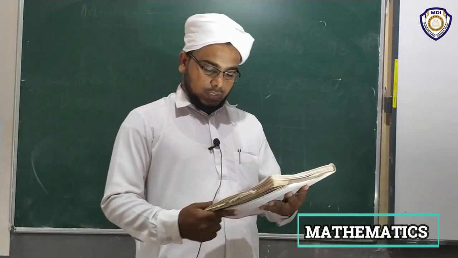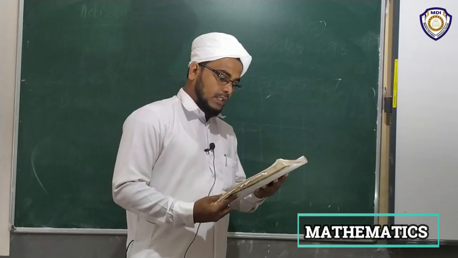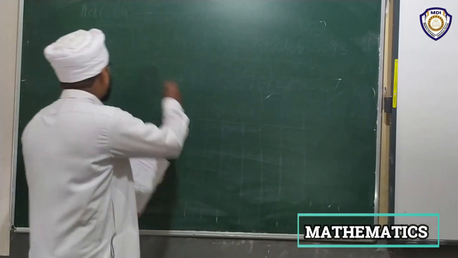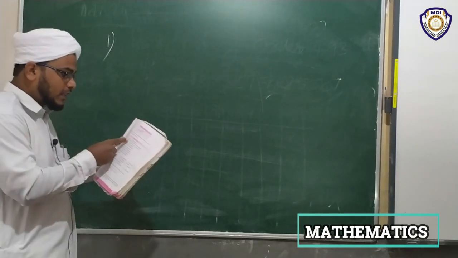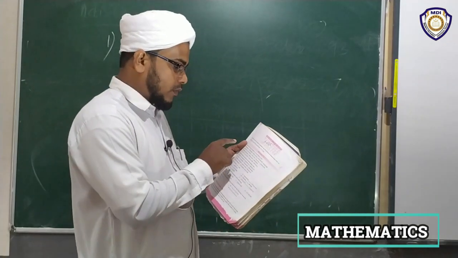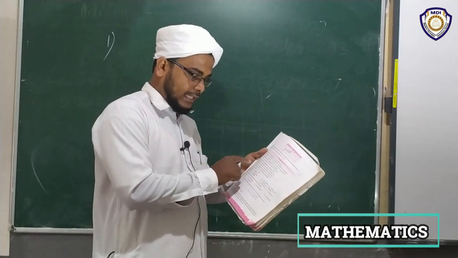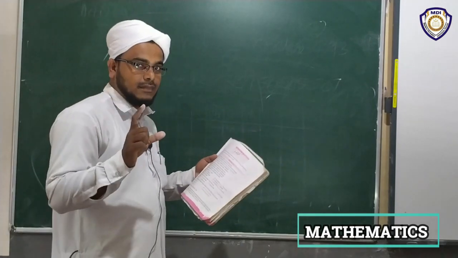Yes, you have to take page number 7, exercise 1.2. There is question number 1: arrange the following numbers in ascending order. There are 4 questions to arrange in ascending order.